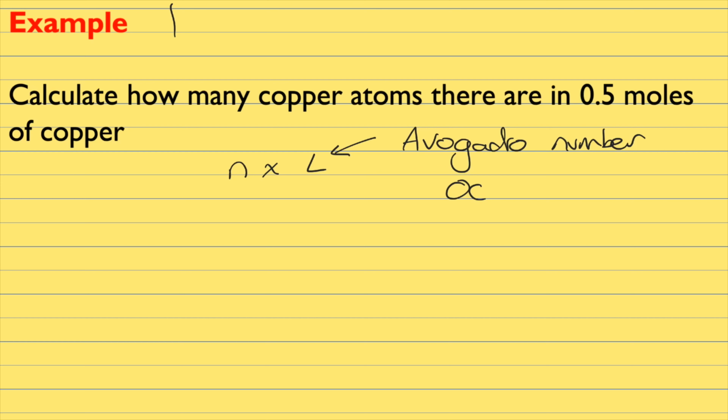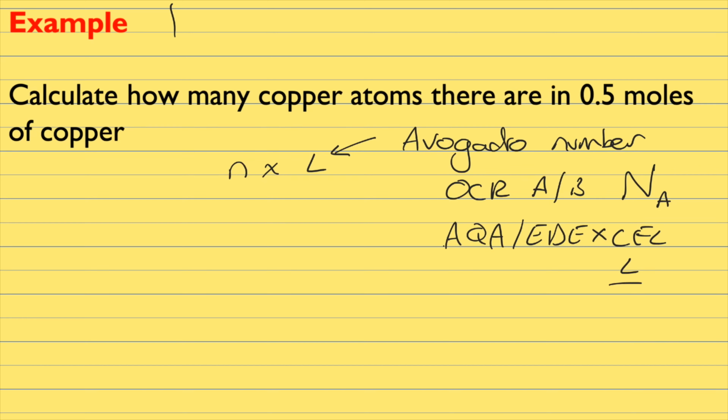OCR A and B Salters use Na to represent Avogadro constant, which is actually the same as IUPAC, and AQA and Edexcel use the symbol L. So I'm going to use L, but Na could be the same. What is common to both exam boards is the number, which is 6.02 times 10 to the 23.